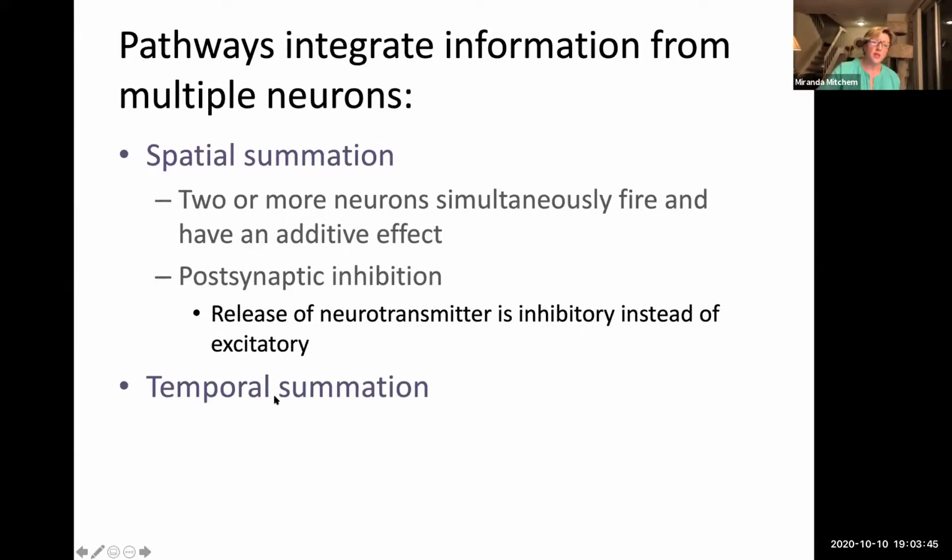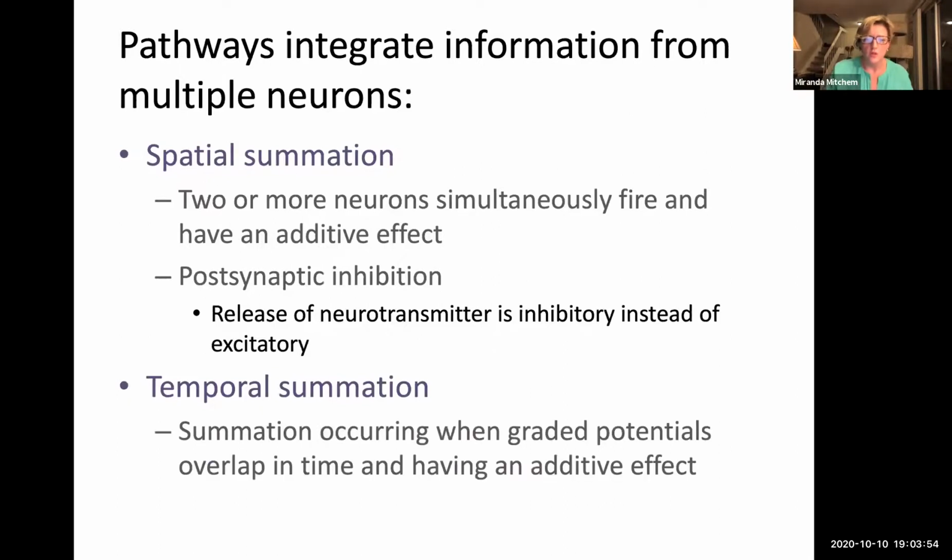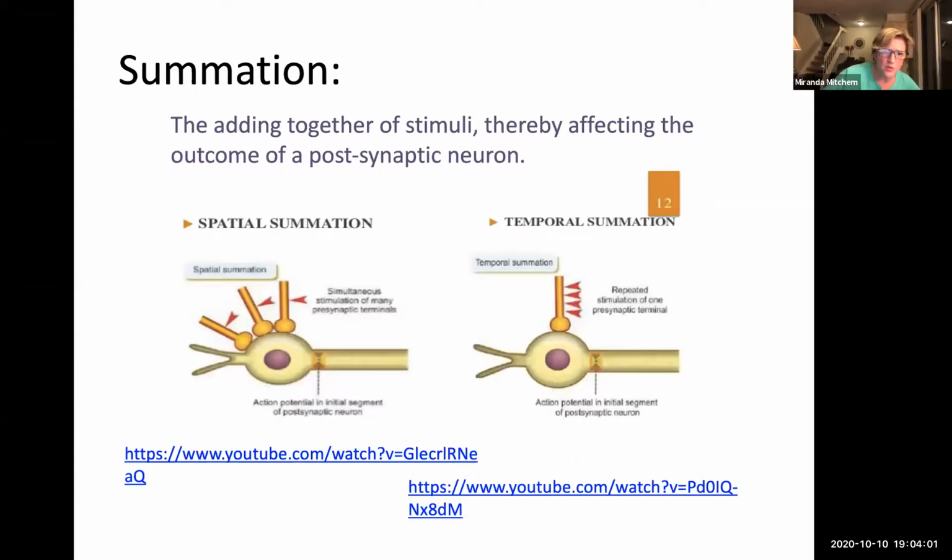Now, temporal summation is different. This is happening over a time course. That's what temporal means. It's like seasonal. It happens when the graded potentials are overlapping in time. So spatial summation is multiple signals coming into the same postsynaptic neuron, and if we get enough in, it might be enough to trigger that threshold, firing through the trigger point into the axon.